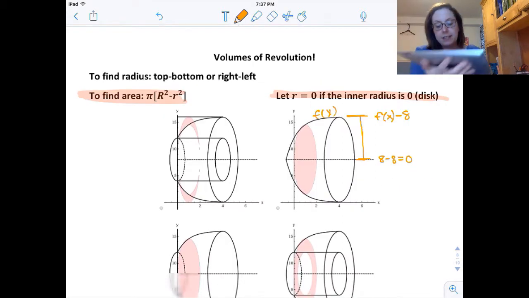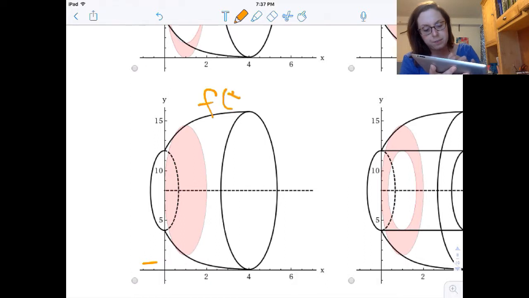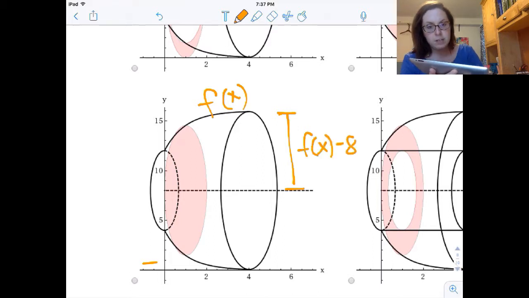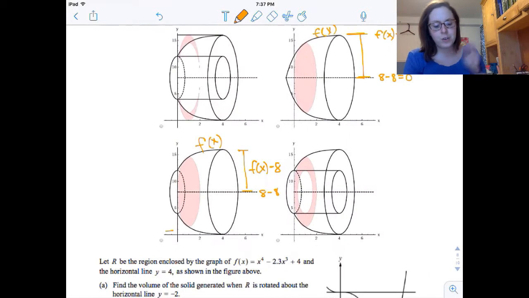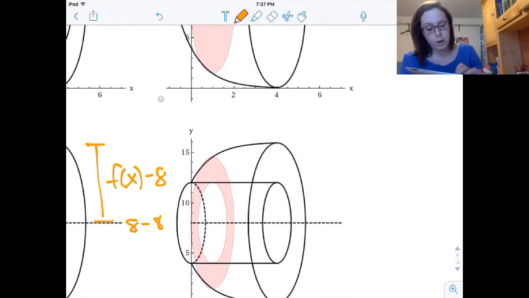Okay, same thing on this one. So let's say again that this is f of x. So my outer radius is f minus 8. My inner radius would just be 8 minus 8, which is 0. So if that helps you to think about these, treat everything like a washer. Unlike one like this, where maybe this is f and this is g.